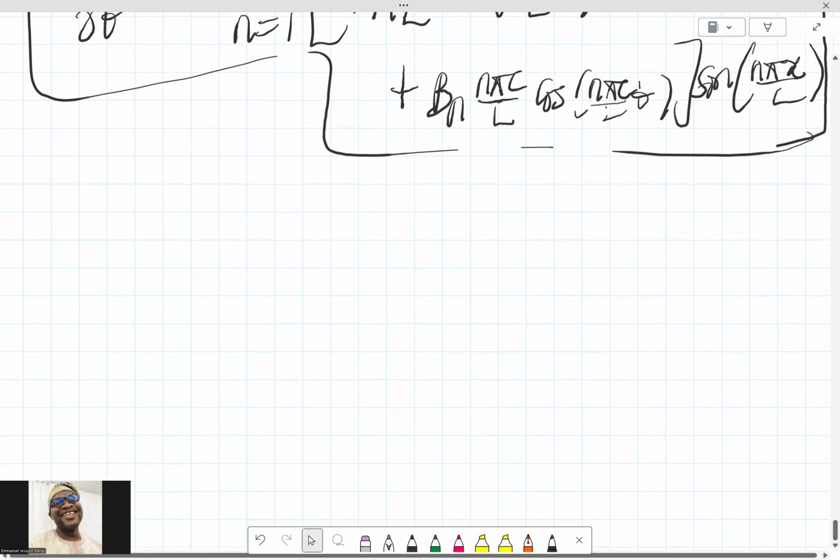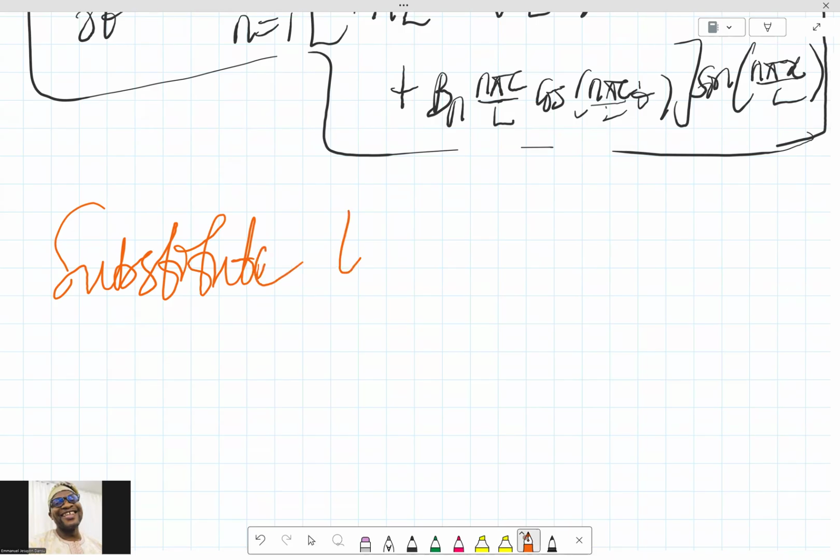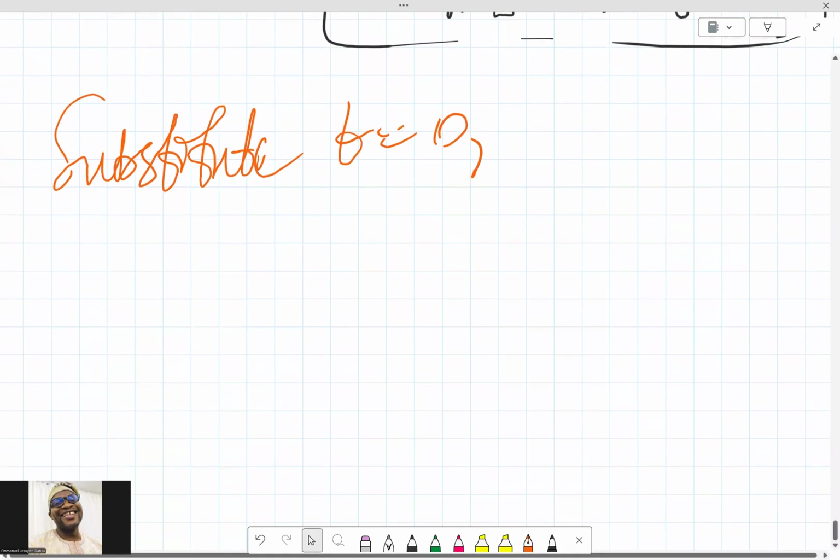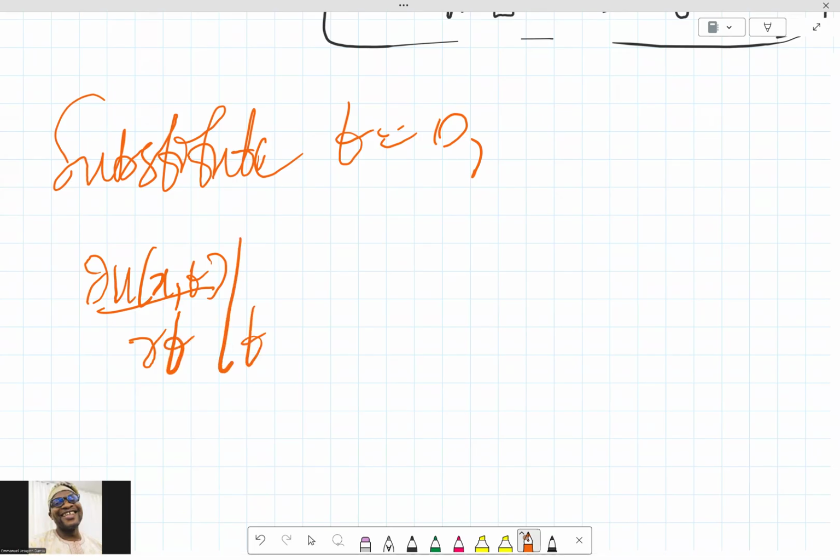Okay, so if we now substitute t equals 0, we have partial u of x comma t partial t evaluated at t equals 0.